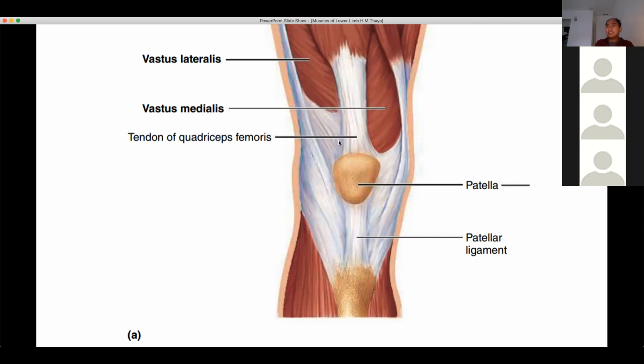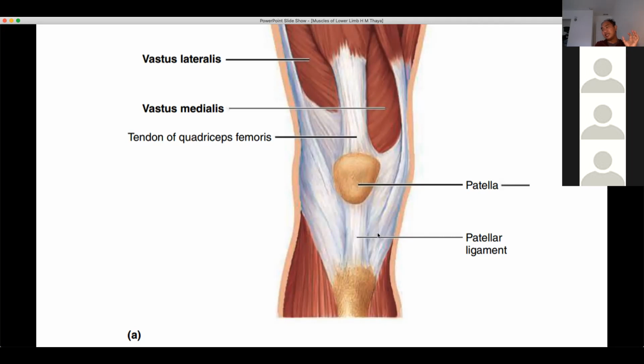So this is the quadriceps tendon. This is the patellar tendon, which keeps the patella in a more neutral position. So the quadriceps tendon is pulling the patella upwards. The patellar tendon is pulling the patella downwards. So one is pulling upwards, one is pulling downwards, and that creates the equilibrium for the patella to stay in its position.